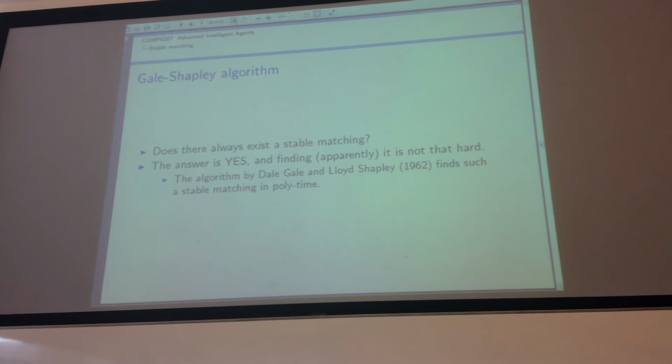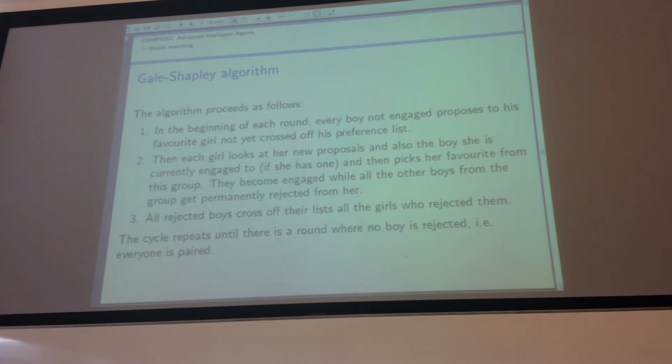So there is an algorithm that does it in polynomial time, and in fact, it sort of mimics human behavior. You can call it a proposal-reject algorithm, and it proceeds as follows. In the beginning of each round, every boy who is currently single proposes to his favorite girl that he still didn't delete from his list.